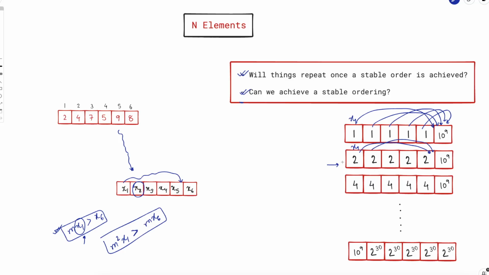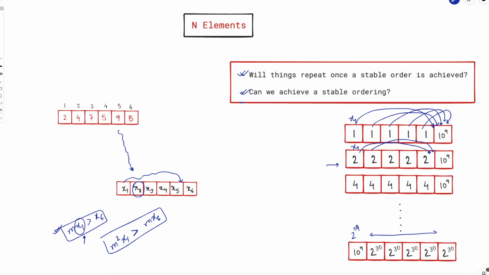You will keep on doing this until 2 power 29, because 2 power 29 is still less than 10 power 9. Now you will get 2 power 29 all the way here, right? And after that, once you apply one more operation, things will start falling in place, because this will now become greater than this. So things will start repeating afterwards, right?